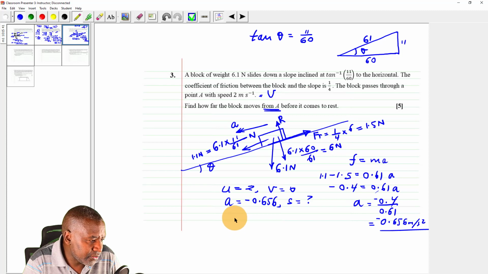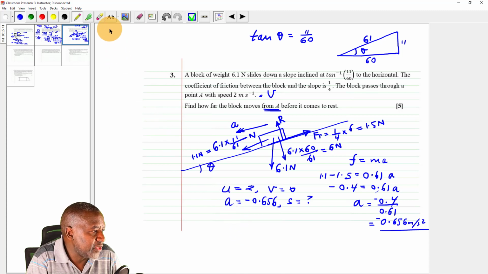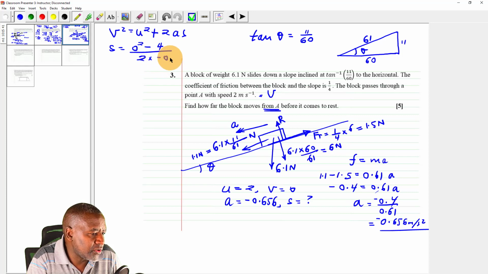So I can use the equation v squared is equal to u squared plus 2as, and I can get the s by doing v squared, which is 0 squared, minus the u squared, which is 2 squared, which is basically 4, divided by 2 times a, and a is 0.656.